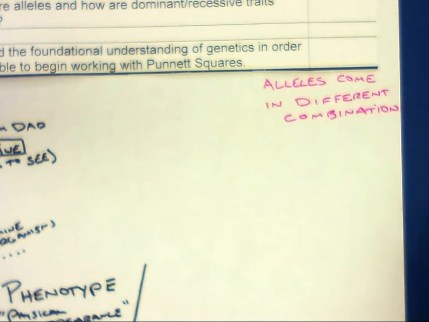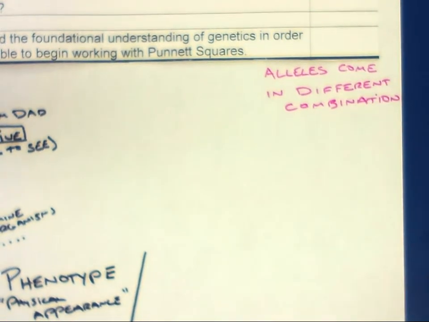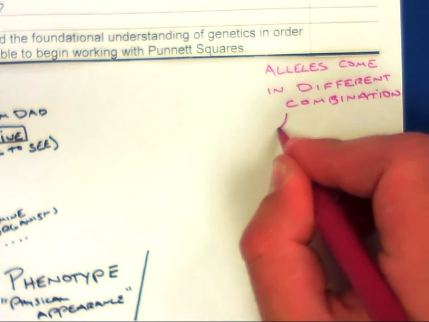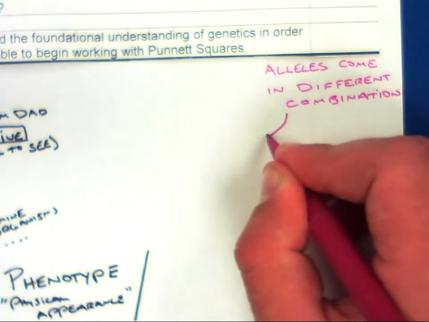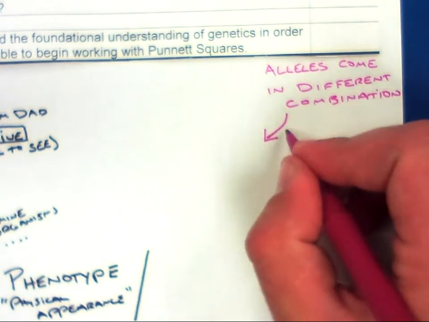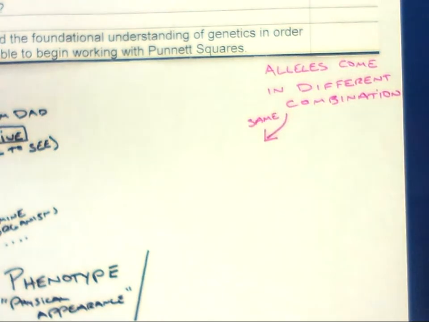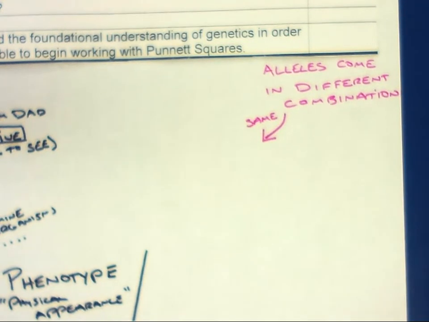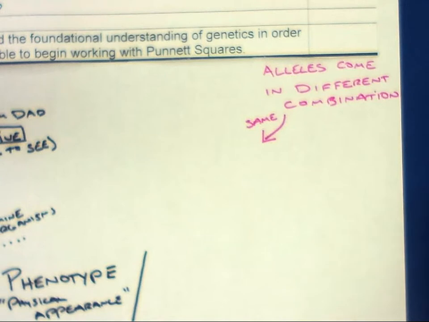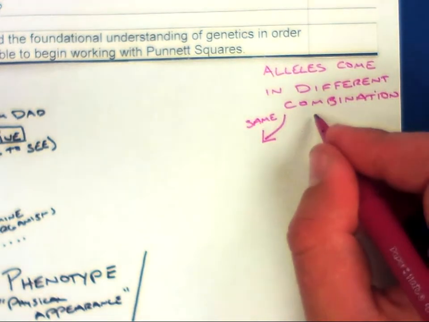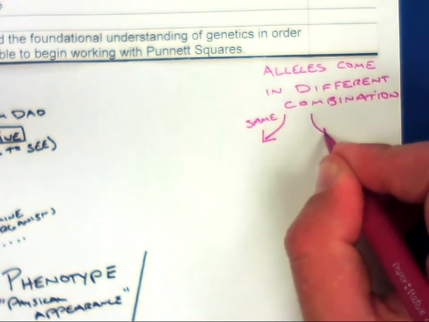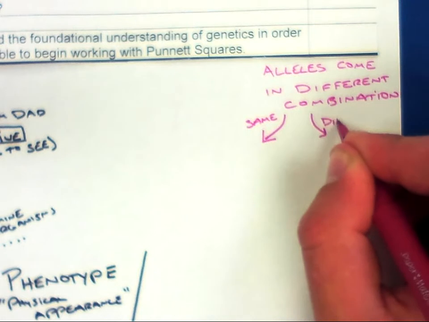And there's two major ways we're going to look at this. So you get different combinations. You either get the same, so two of the same alleles, or you get two different alleles.